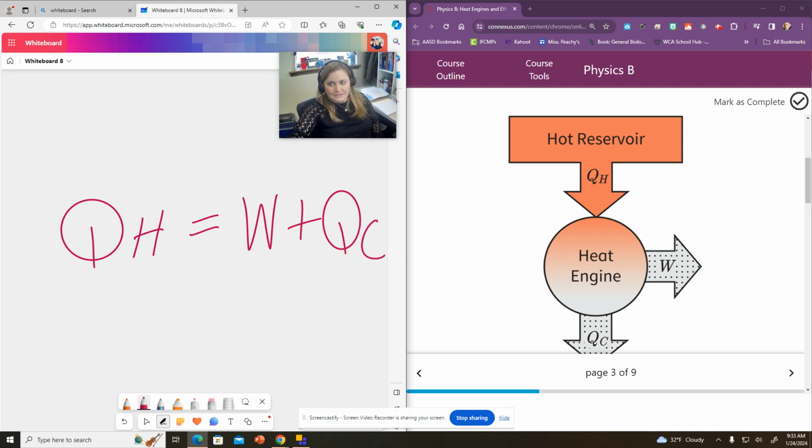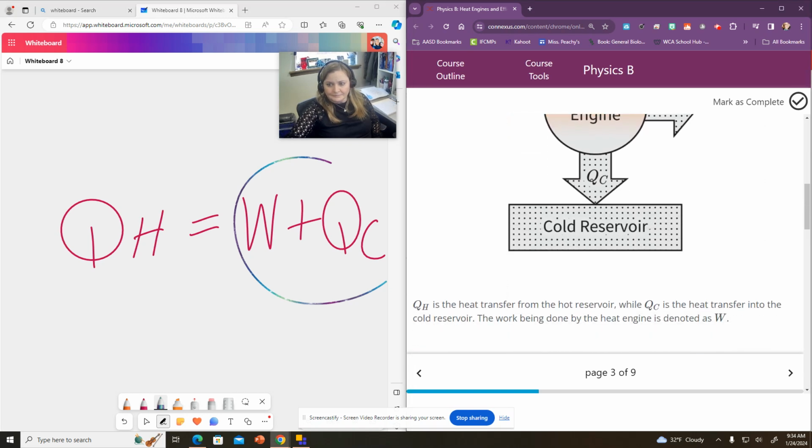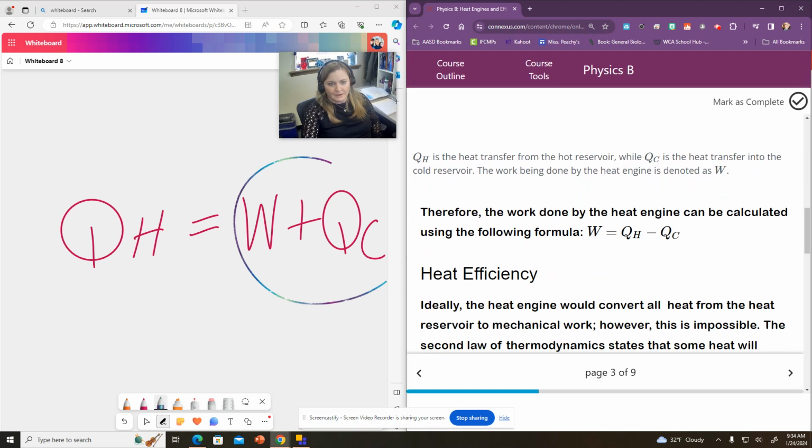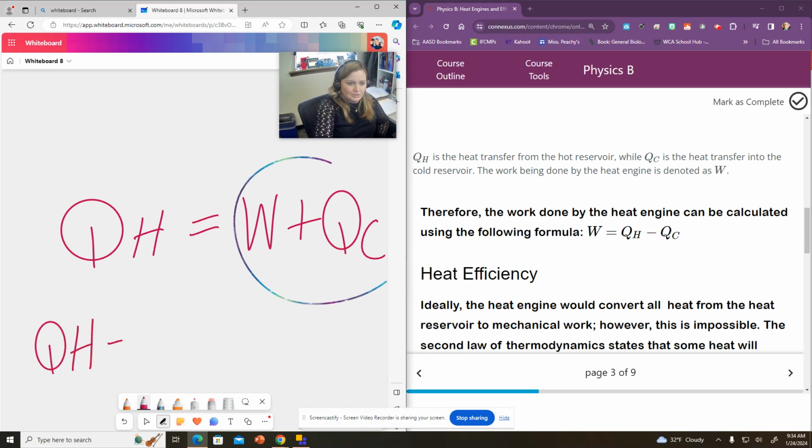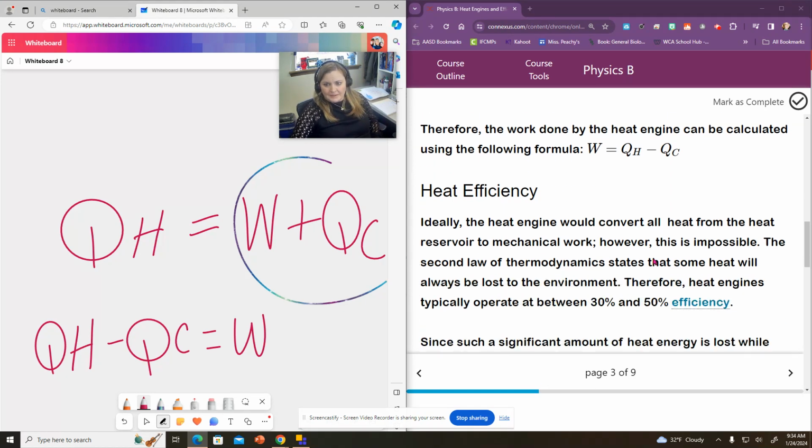The top part is all of the heat available, all of the thermal energy, and this side here is how it's divvied up. If I want to determine how much work is done, I can move this around a little bit. If I take the total amount that I start with and subtract what makes its way to the cold reservoir, what's left over is just the stuff that does work. That's what the formula is here. So that's the work done by the heat engine.